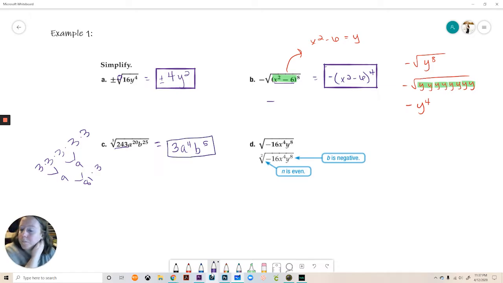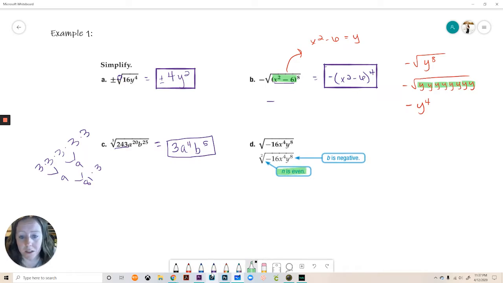All right. Next one, part D. So part D says the square root of negative 16x to the 4th, y to the 8th. So here's the issue. We have an n that is even.